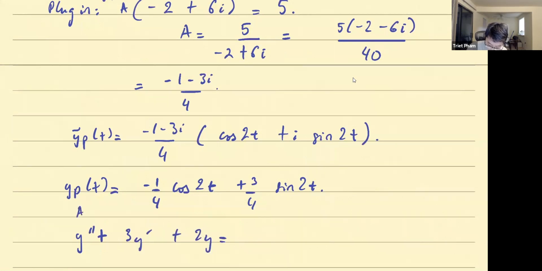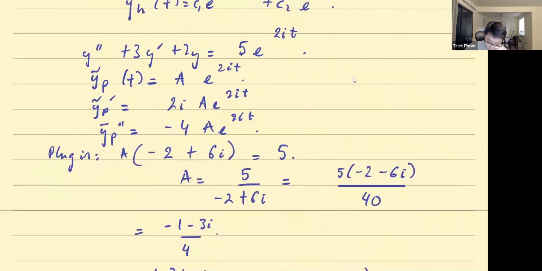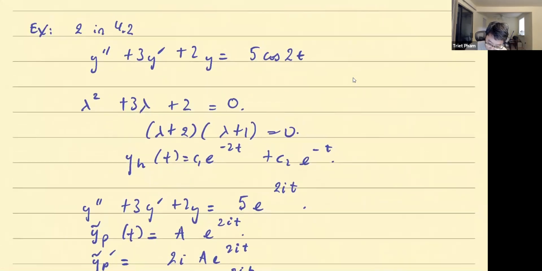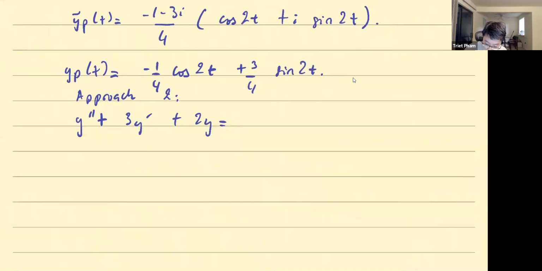So approach 2. This is approach 1. Approach 2 is, so this is 5 cosine of 2t, right?